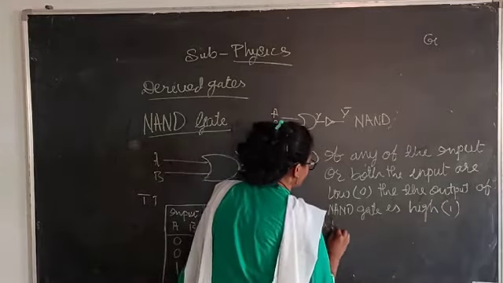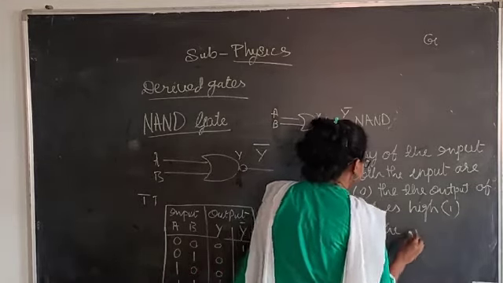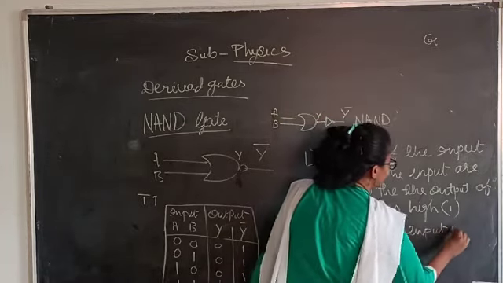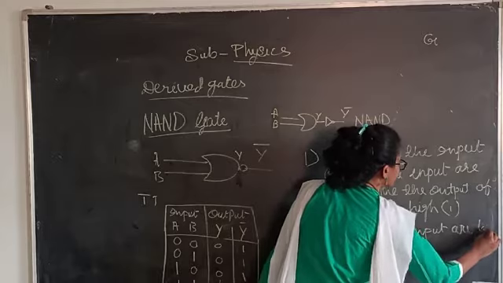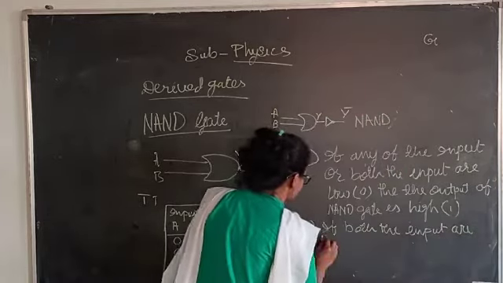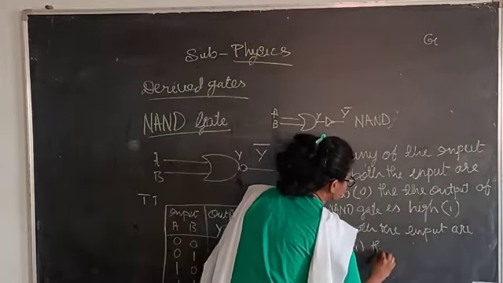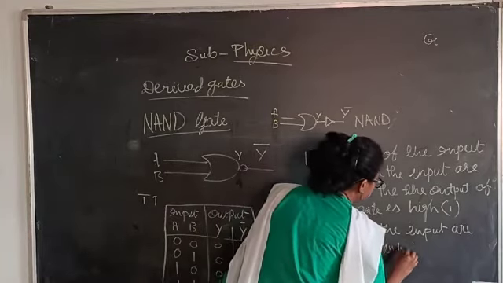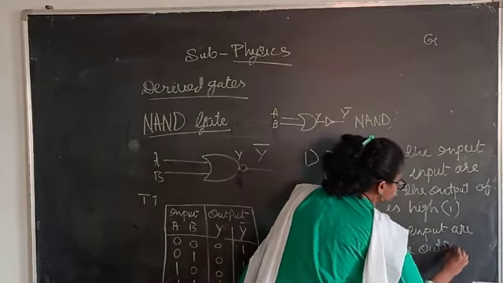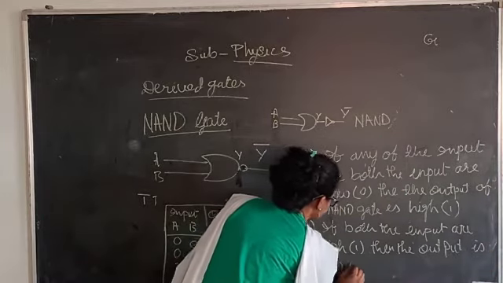If both the inputs are high, that is 1, then the output is low, that is 0.